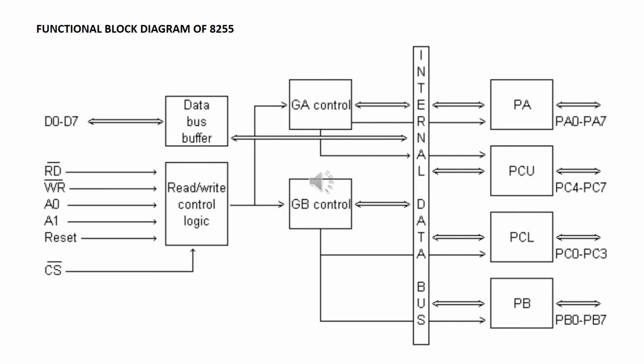We shall see the groups A and B in the next slides. The data bus buffer is connected to the D0 to D7 pins, so the data is transferred from or to the D0 to D7 pins through this data buffer. Then there is a read-write control logic to which read, write, A0, A1 and the reset pins are connected. The CS bar is used to enable this read-write control logic.